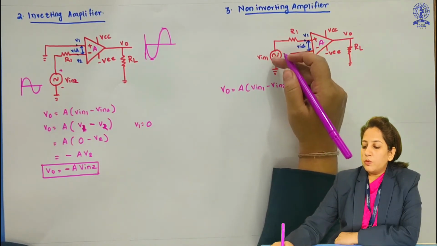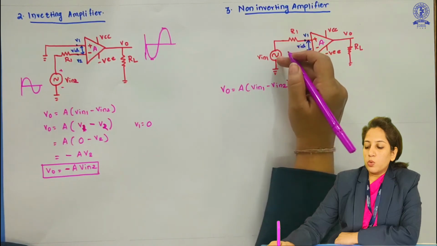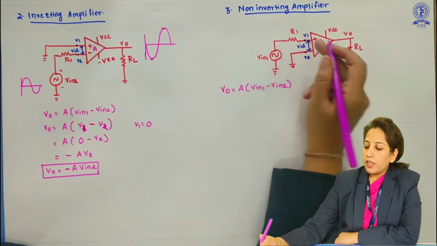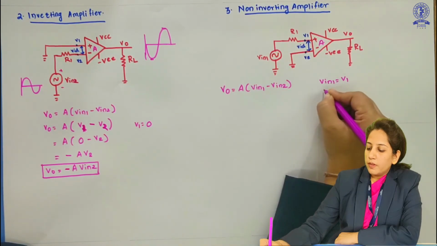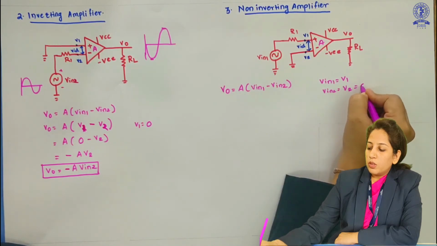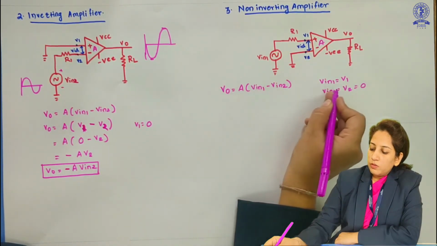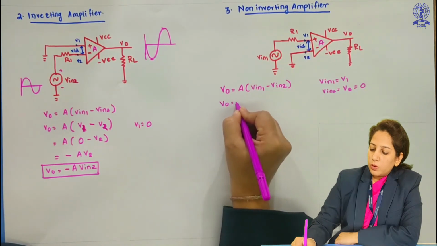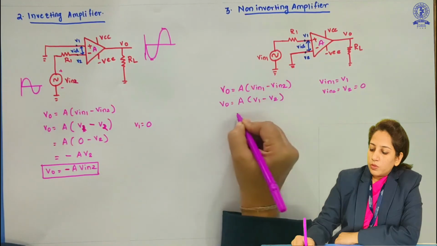V in 1 I have applied to this terminal, and R1 is very negligible, so the voltage drop across this will be very less. So V in 1 is equal to V1 and V in 2 is equal to V2, which in this case is 0. So now V0 is equal to A into V1 minus V2.